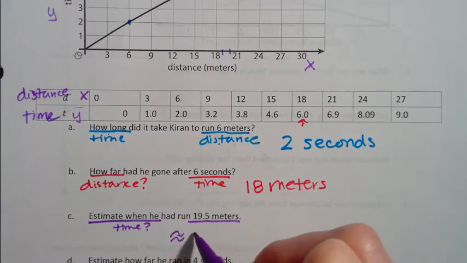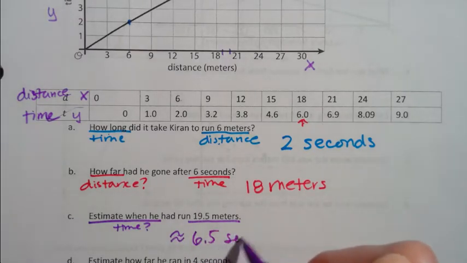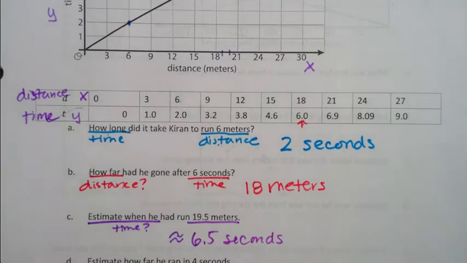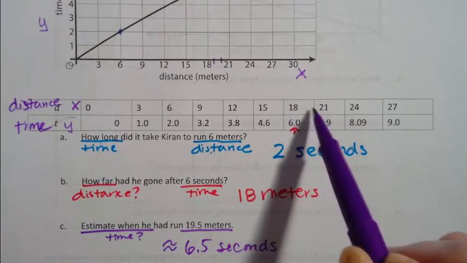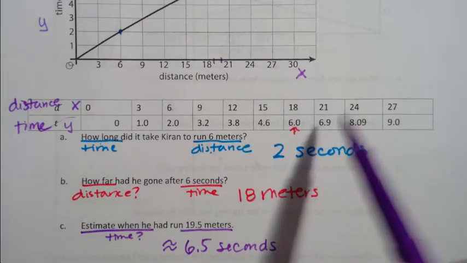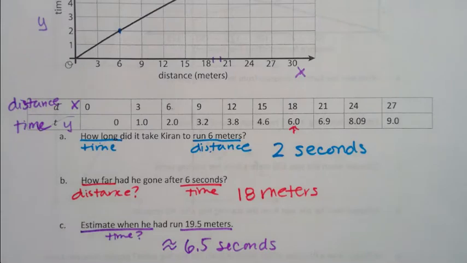So approximately 6.5 seconds. And if you look at the table, between 18 and 21 would be somewhere in between, could be about 6.5. Probably easier to get that from the graph.